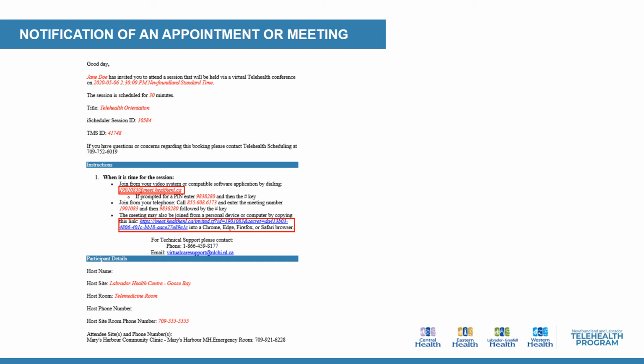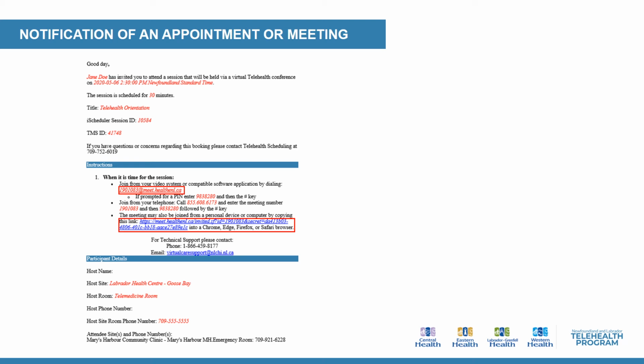For meetings or group sessions, the email notification will also include a link to join the meeting via a supported web browser. This meeting link can be used by call participants who may not have a Jabber account or access to a telehealth unit at a healthcare facility.